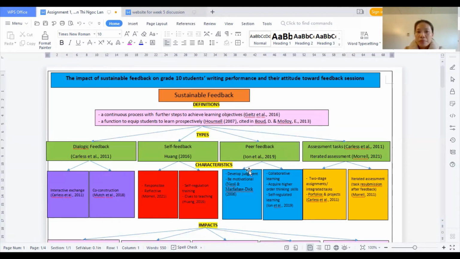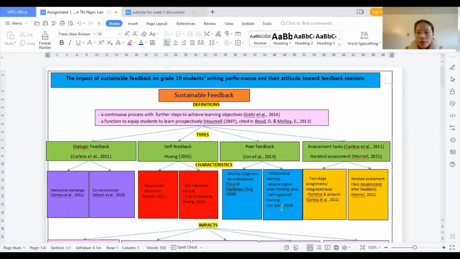With peer feedback, according to Nicol and McFarlane-Dick 2006, this feedback can help students to develop their judgment when they give feedback to their friends, so it can be more motivational during the feedback process.